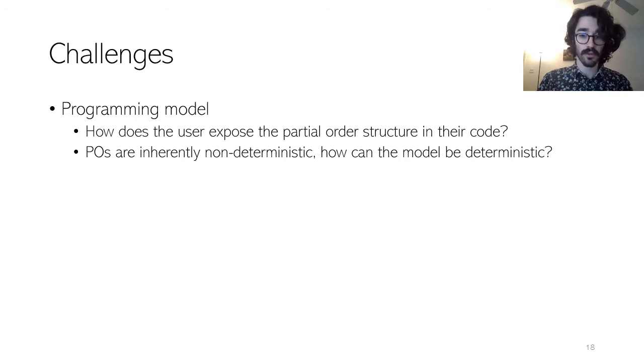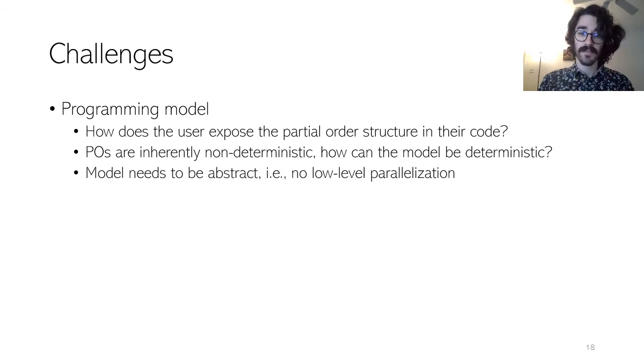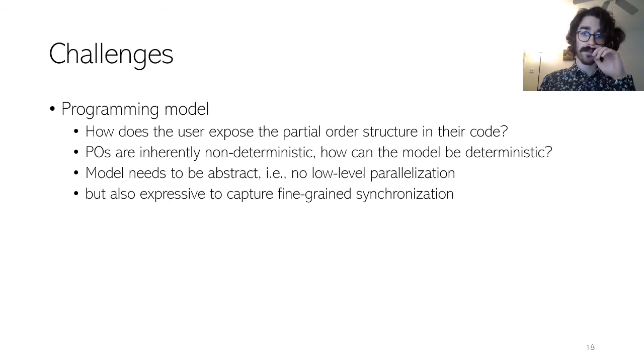But we would like our model to be deterministic. Also, the model needs to be abstract, not mentioning low-level parallelization like the number of parallel machines or the partitions of keys, but also needs to be expressive to capture the fine-grained synchronization that we require, for example, for this machine learning fraud detection application that we saw.